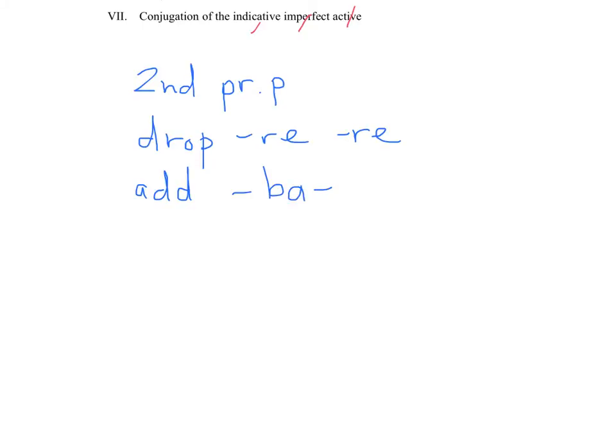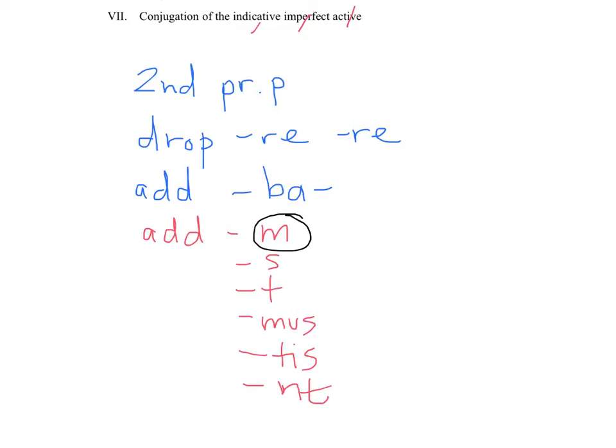That's an infix that comes in between the theme and the suffixes at the end. And then you add the personal suffixes, which in this case are M, S, T, mus, tis, and NT. Note that this is not O this time, but M.